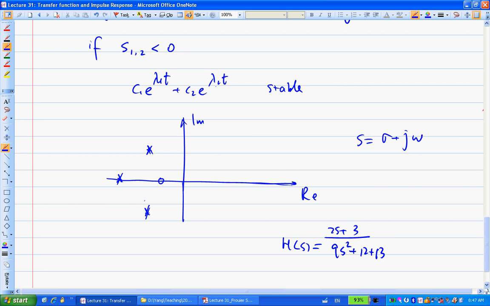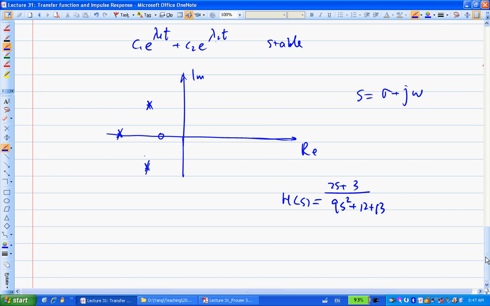Okay, so here is a transfer function. If I set the denominator to 0, I can find that s1,2 equals negative 2 over 3 plus or minus j root 3 over 3. So here's the solution for this one.